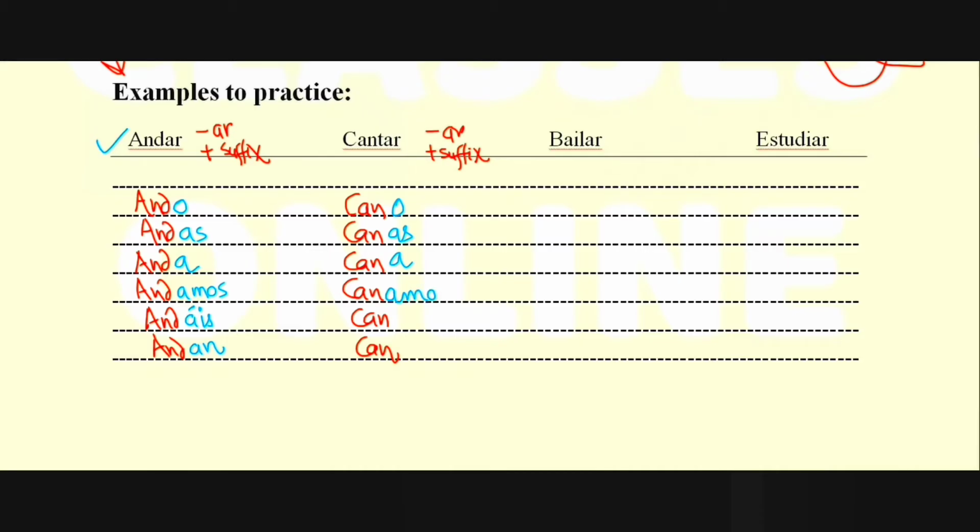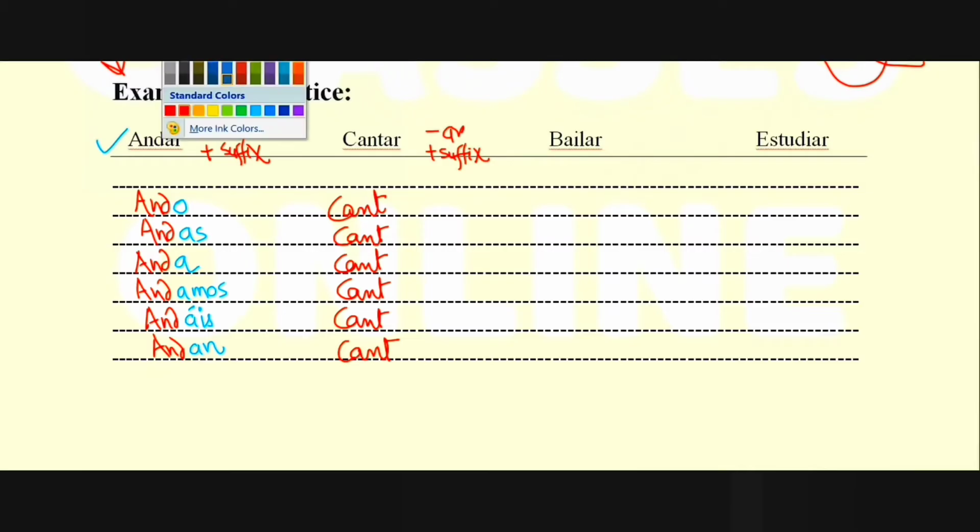Canto, cantas, canta, cantamos. We have to erase it. I'm writing root words again. Root word is cant, cant, cant, cant.